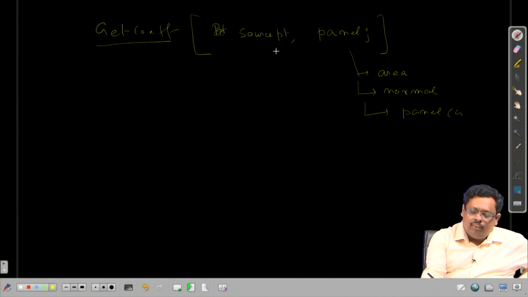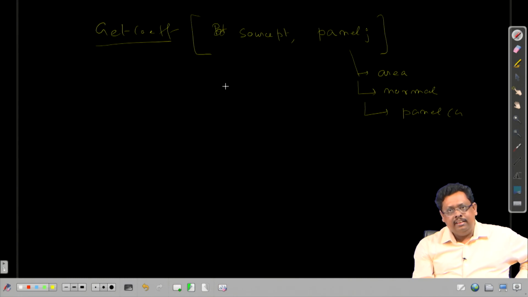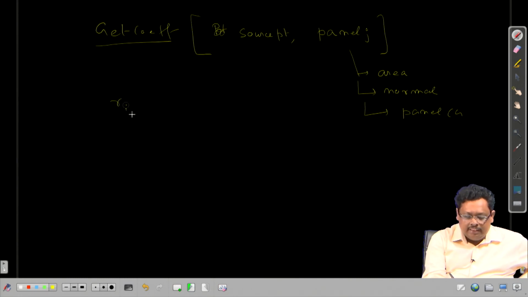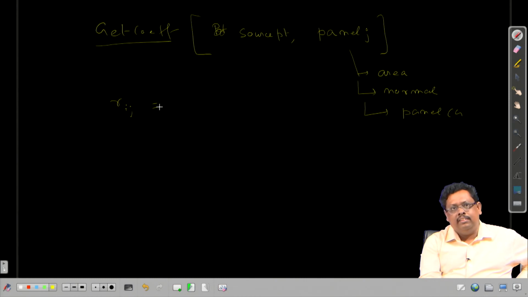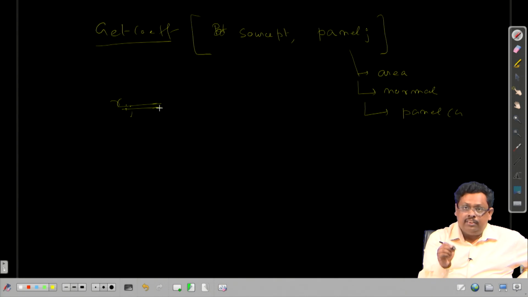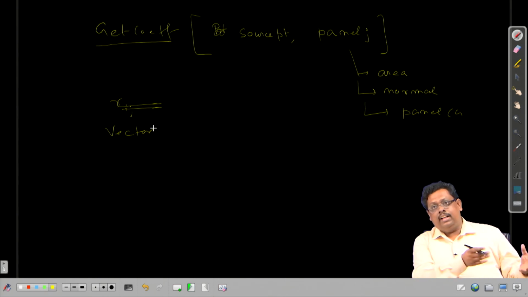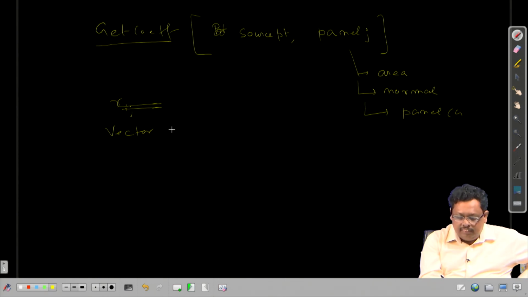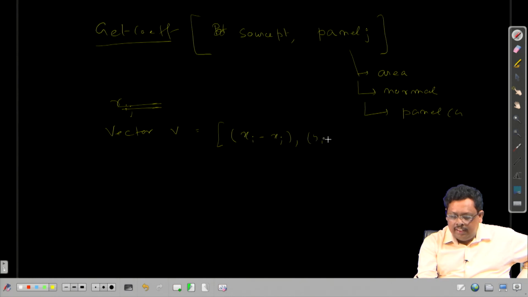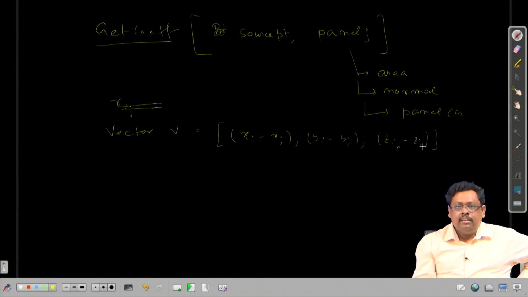Now, therefore, in get coefficient your work becomes very easy. So, now you define your R i j, and in fact it is better here if you introduce some vector, because you have defined your class vector also. So, you can introduce a vector v equal to, and these three components are nothing but x i minus x j, comma y i minus y j, and then z i minus z j, right.